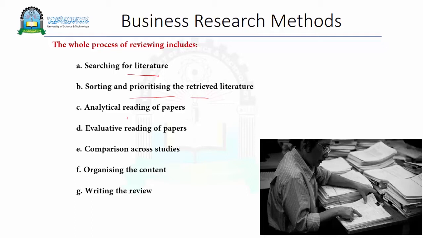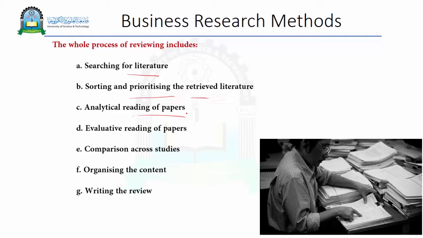Then analytical reading of papers. That means you will not just do ordinary reading, which is just descriptive reading. You need to analyze what you are reading, so you can come up with opinions.